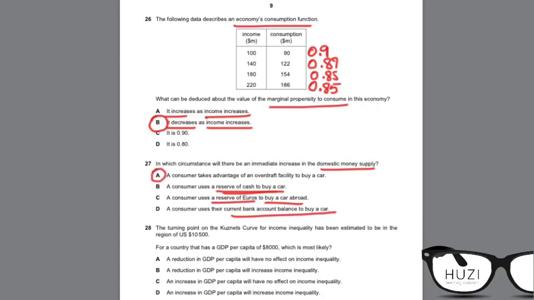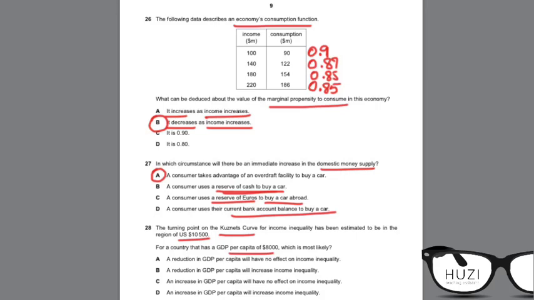Okay, question number 28. The turning point on the Kuznets curve for income inequality has been estimated to be in the region of US dollar 10,500. For a country that has a GDP per capita of $8,000, what is most likely?